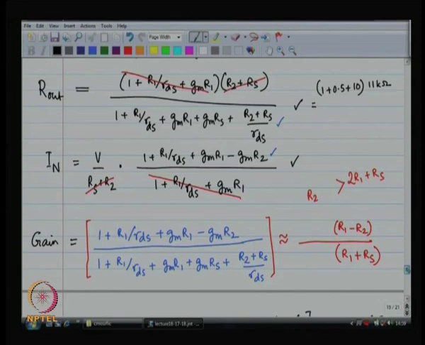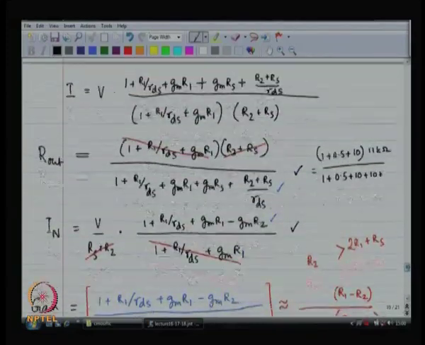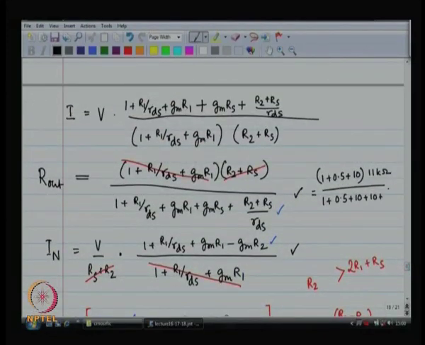This whole thing is to be divided by 1 plus R1 by RDS is 0.5 plus GM times R1 is 10, GM times RS is also 10, and R2 plus RS by RDS is a factor of 5.5. R2 is 10 kilo ohms, RS is 1 kilo ohm, so 11 kilo ohm by 2 kilo ohm, that is 5.5.